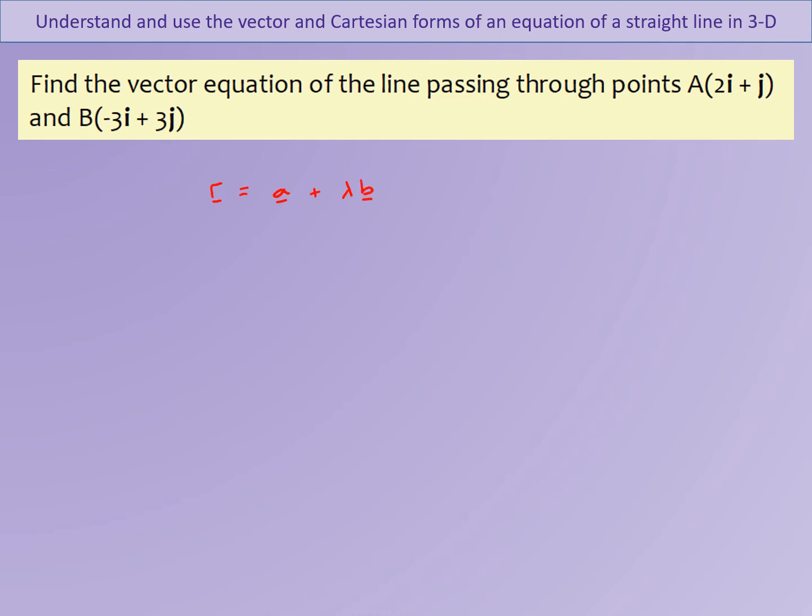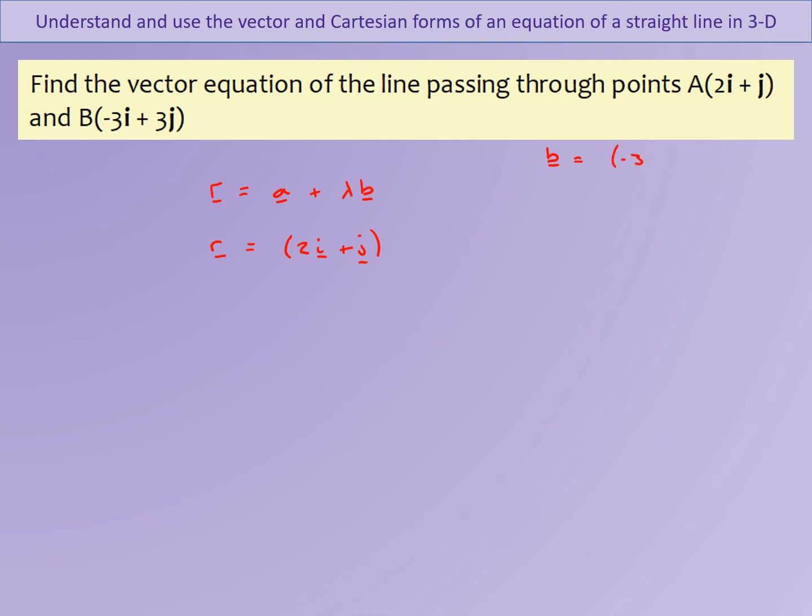So for vector a, we can just use the position vector of point A. So r equals 2i plus j. For vector b, which is the direction, we need to find vector b. We can do that by calculating OB minus OA.